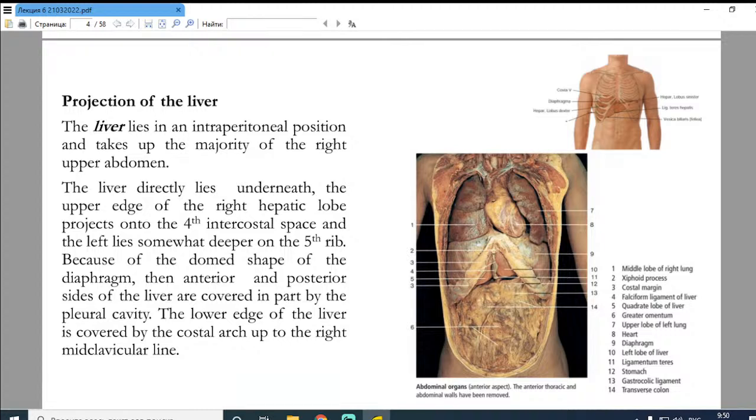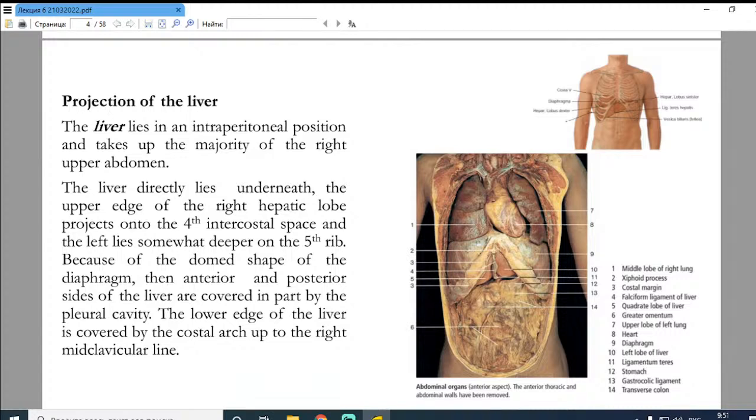The liver directly lies underneath the diaphragm; the upper edge of the right hepatic lobe projects onto the fourth intercostal space, and the left lies somewhat deeper on the fifth rib.